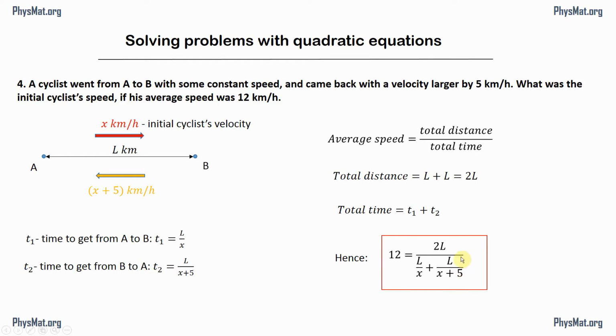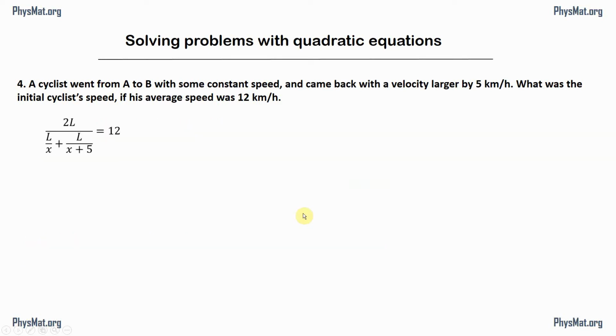Well, there are two unknowns here, x and L. But we can see that we can divide both numerator and denominator by L, and then L cancels out. And our equation is reduced to this form, where there's only one unknown x.